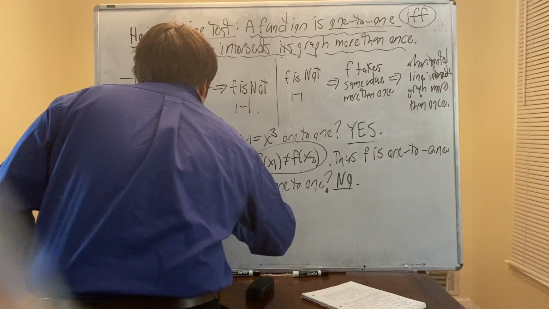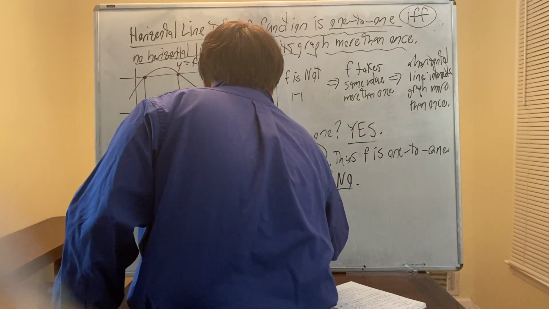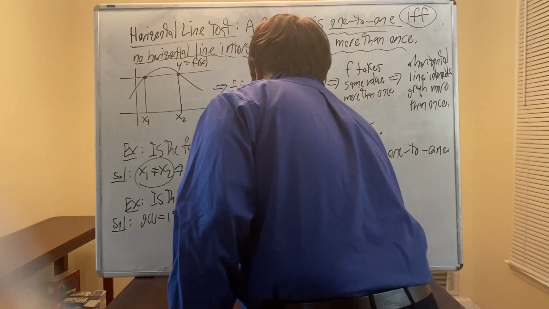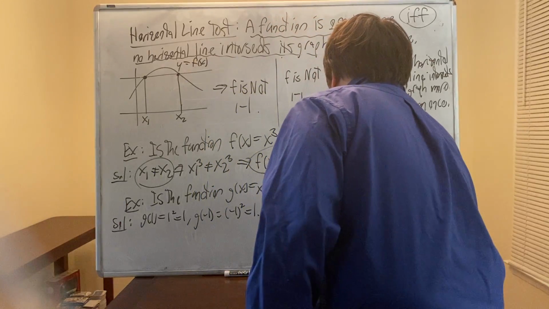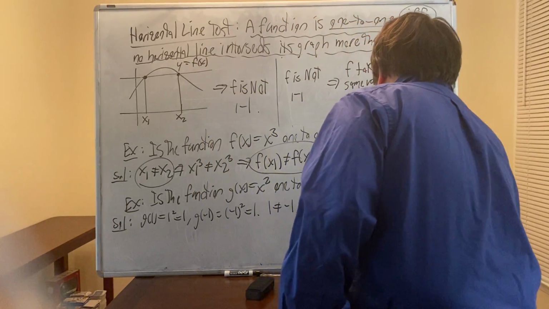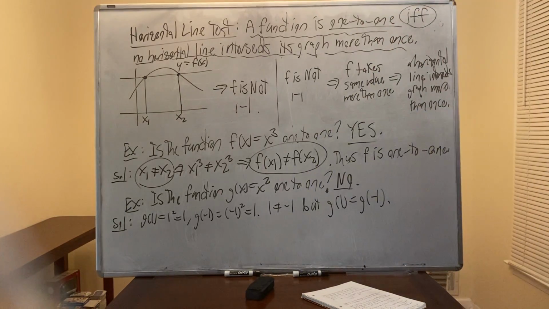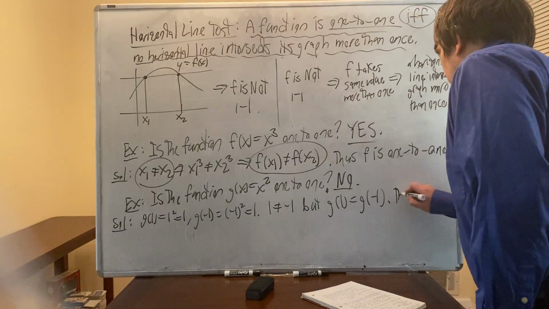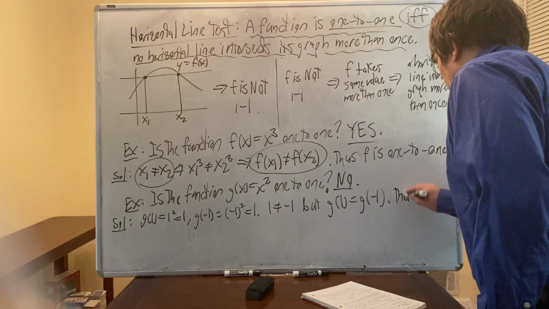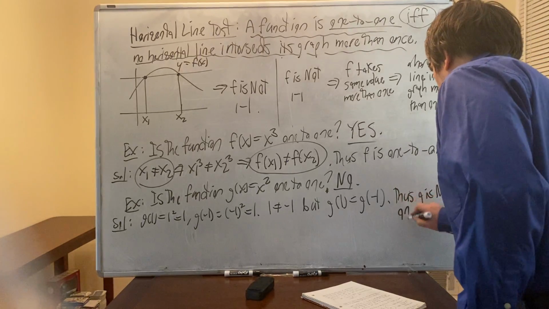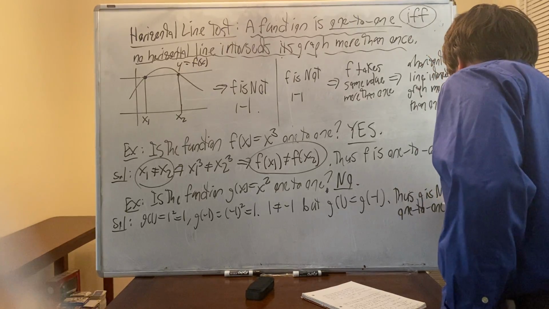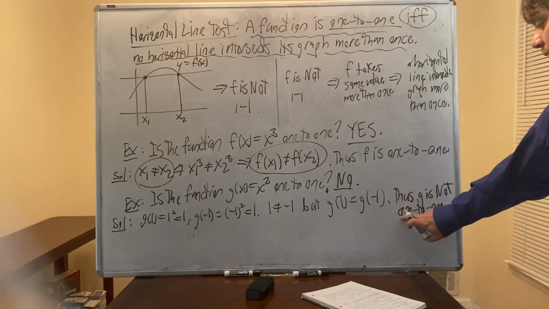G of negative 1 equals negative 1 squared, which is 1. So 1 does not equal negative 1, but g of 1 equals g of negative 1. Thus, g is not 1 to 1.